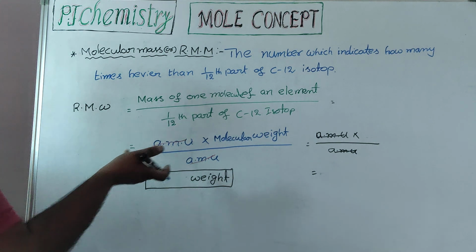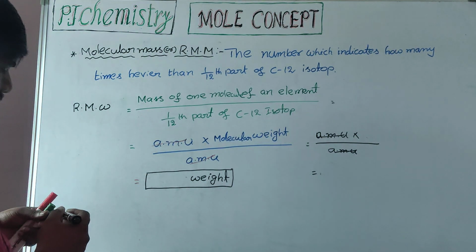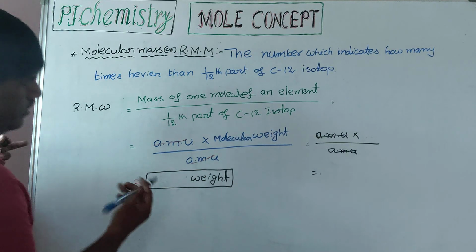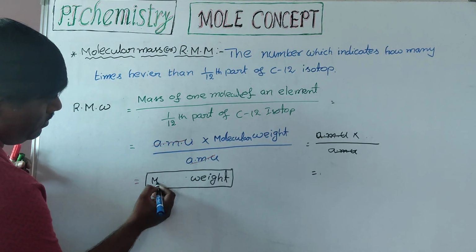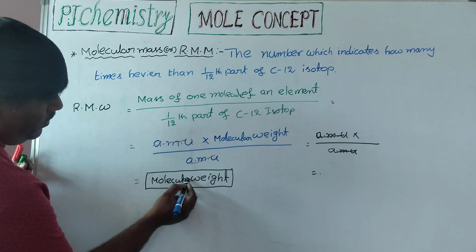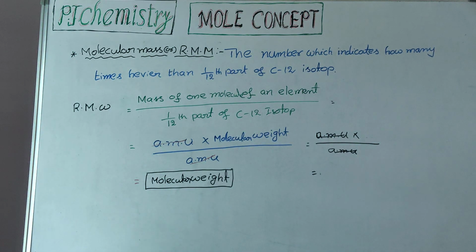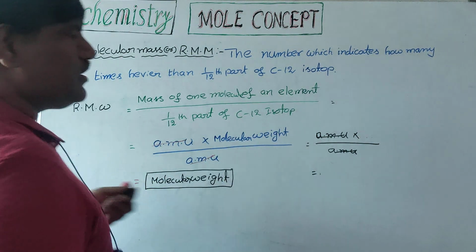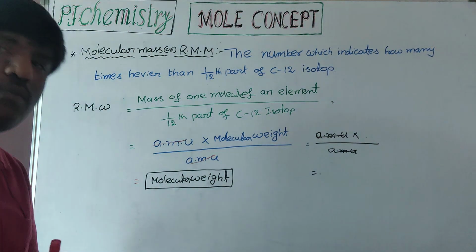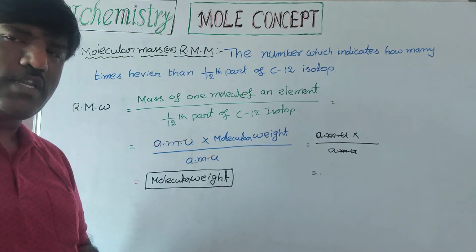AMU will get cancelled. Remaining, what will be there? Molecular weight. Here, for example, we are going to calculate for the oxygen molecule. Previously we discussed the oxygen atom, which is 16.